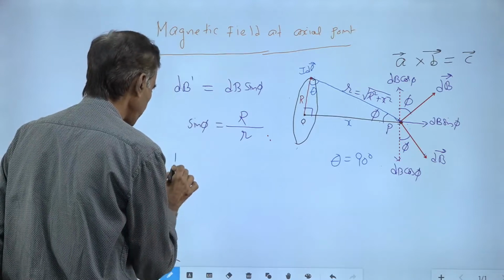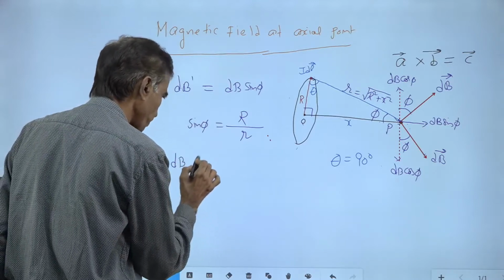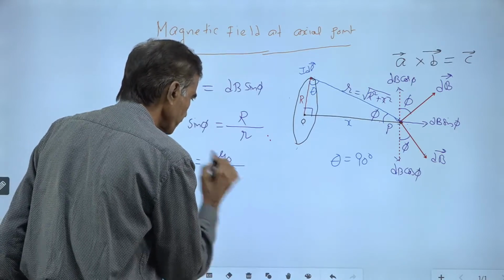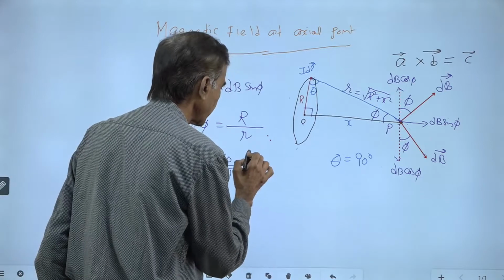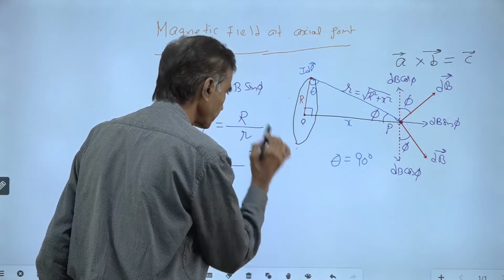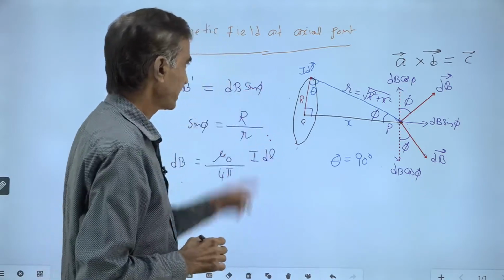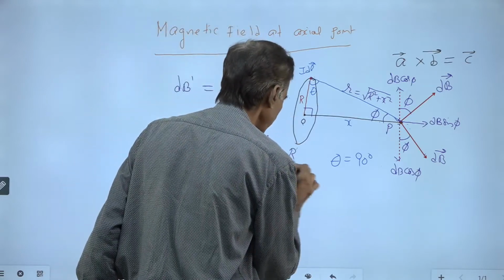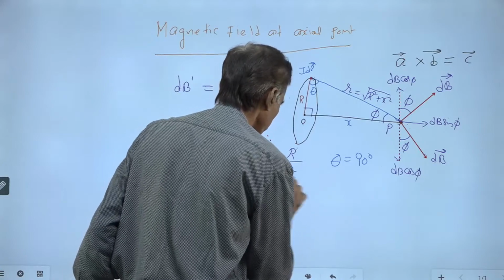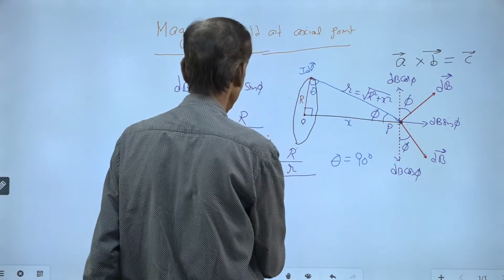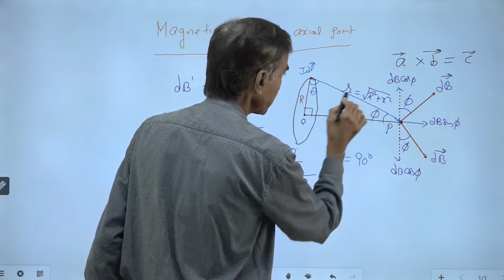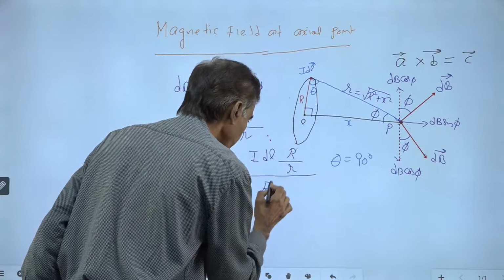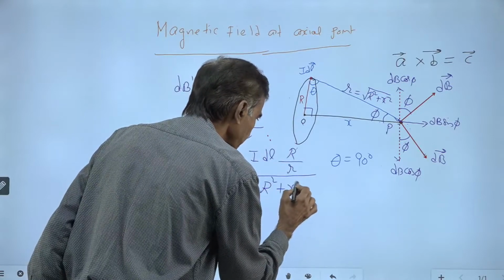So dB is equal to mu naught by 4 pi into I into dl into sin phi. Sin phi is capital R by small r, upon r square. And r square means capital R square plus x square.